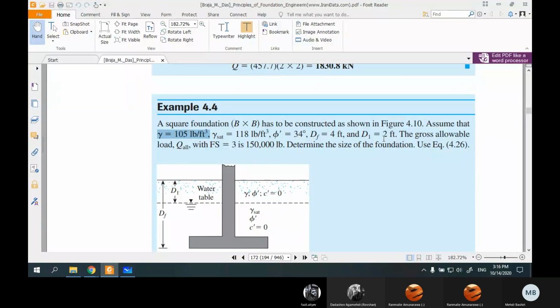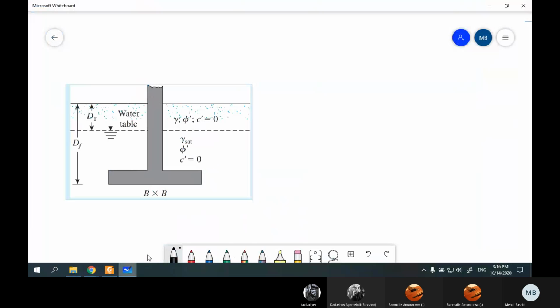Df is 4 feet. D1 is, for example, in this case 2. Gamma is 105, gamma saturated 118, and phi is 34.